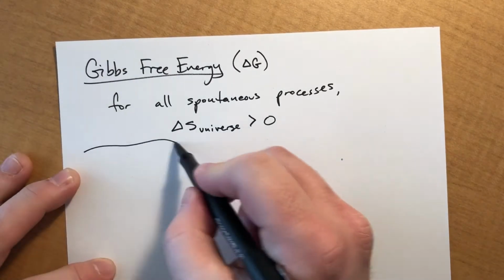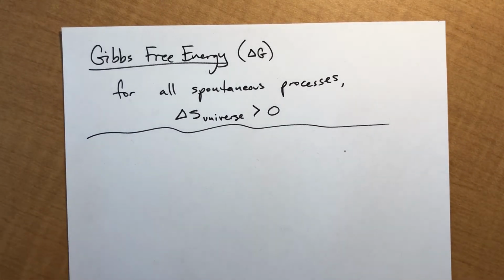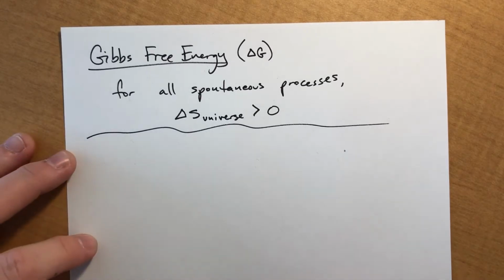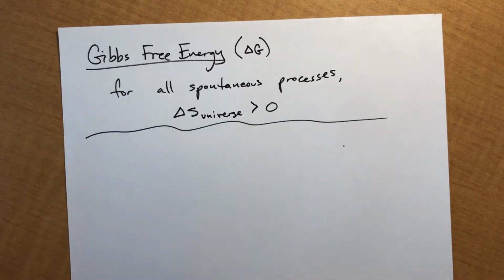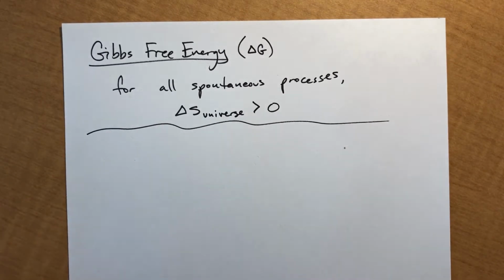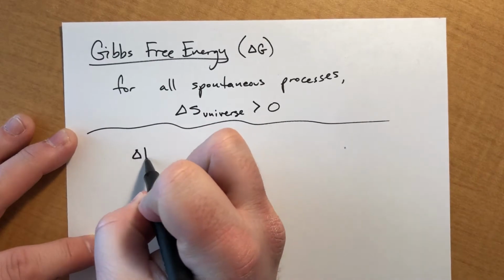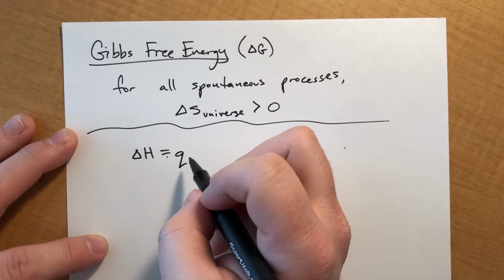So we're gonna derive an equation here, okay? The final answer is pretty easy to use actually, but for right now we're gonna have to deal with getting there. So we're gonna kind of simplify a few things here, okay? Obviously, measuring delta S of the universe is basically impossible, but we're gonna need to approximate this if at all possible. So for this, we're gonna assume that delta H is the heat exchanged at constant pressure.